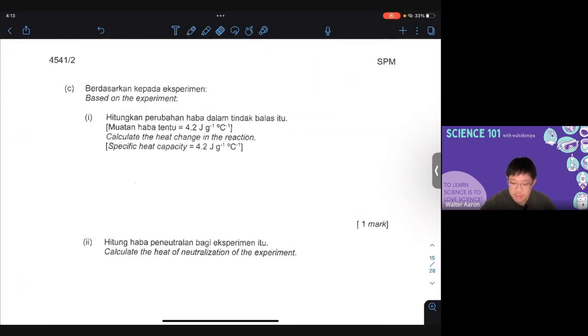Okay, then based on the experiment, it's supposed to calculate the heat change, which is Q in this case. So Q is equivalent to mc theta. So m is supposed to be 25 cm cubed plus 25, so total is 50 grams there. And then your c is supposed to be 4.2, and your theta earlier is 6 degrees Celsius after you have calculated.